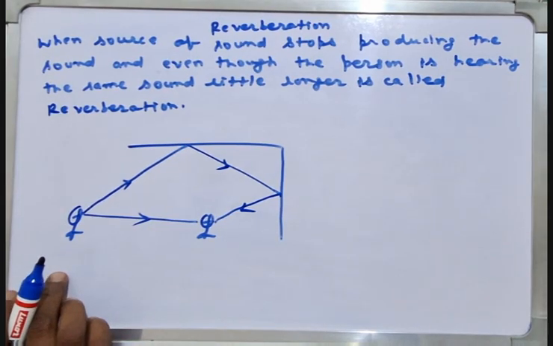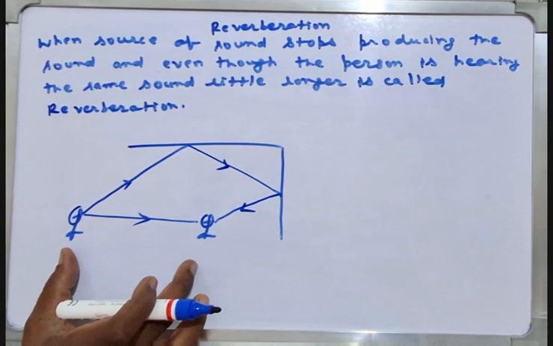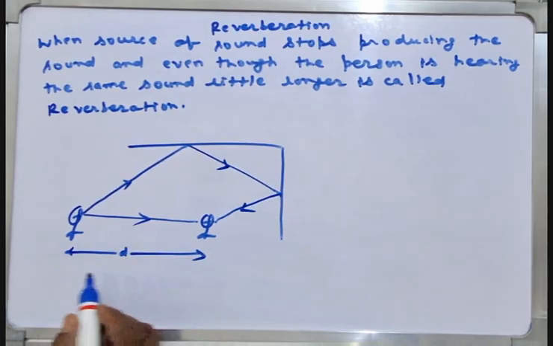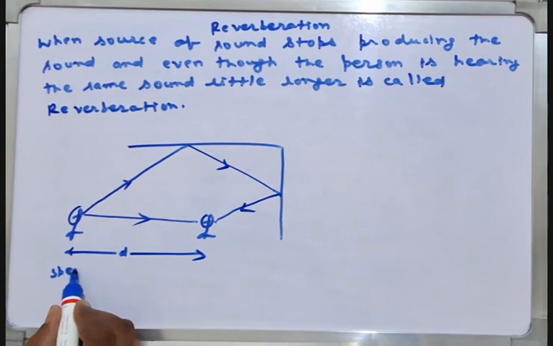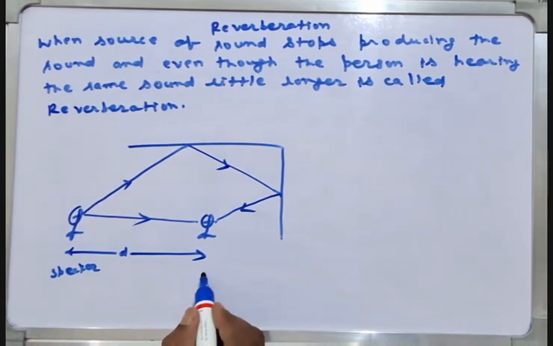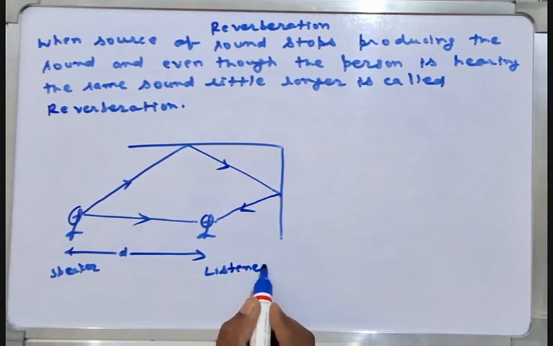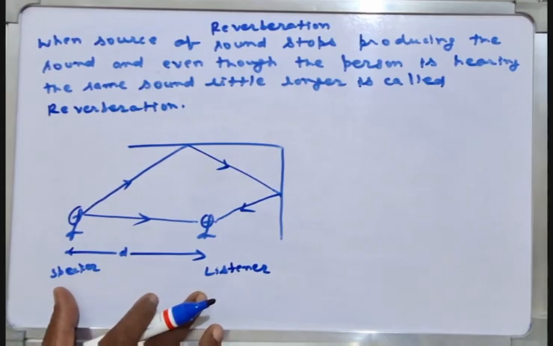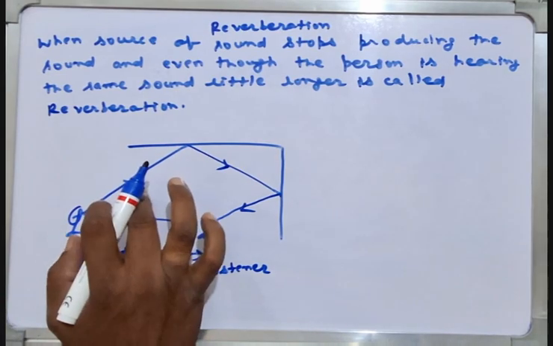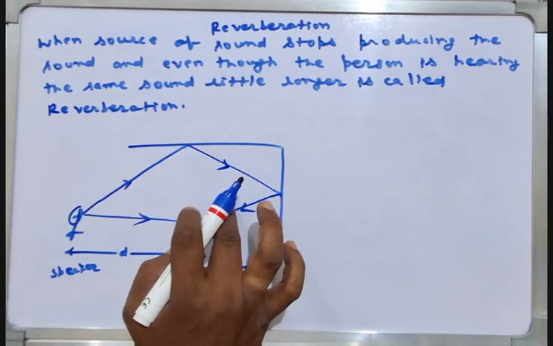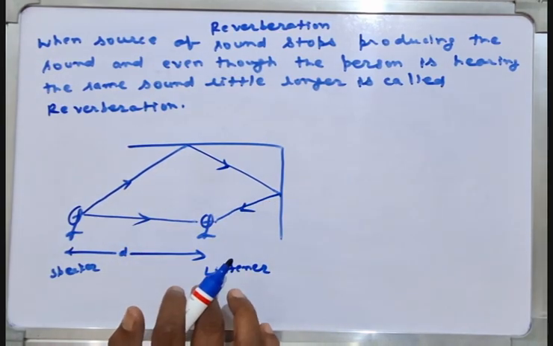So the distance from here to here, this is the speaker and this one is the listener. Some sound comes directly and some sound comes back to this listener after reflection.